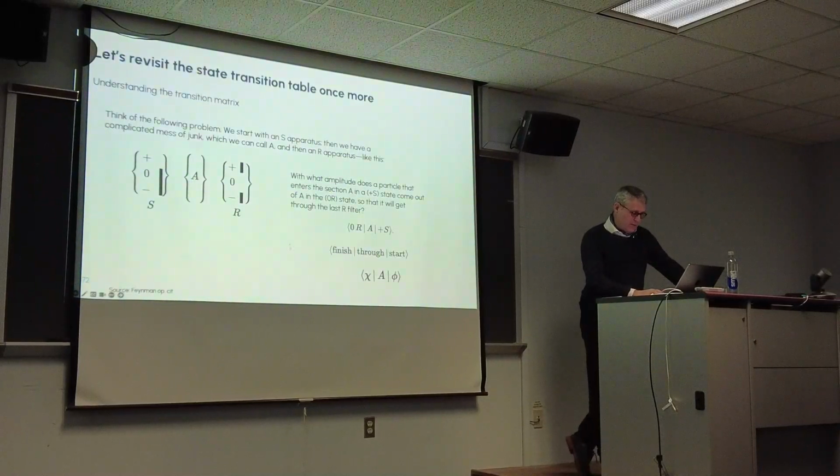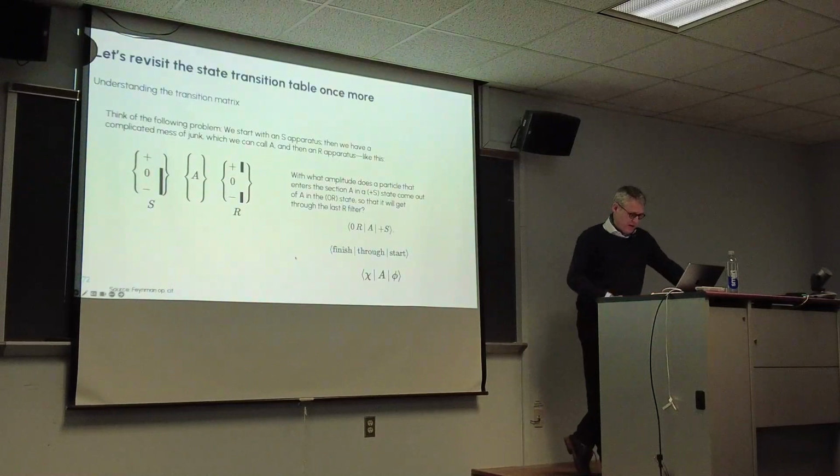Now, with what amplitude does a particle that enters the section A in the plus S state come out of A in the 0R state, so that we get through the last filter R?